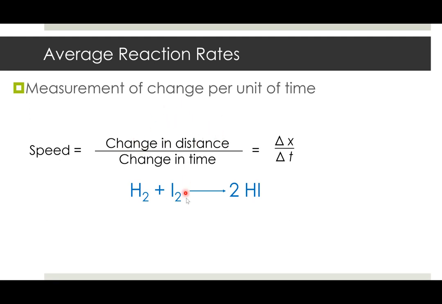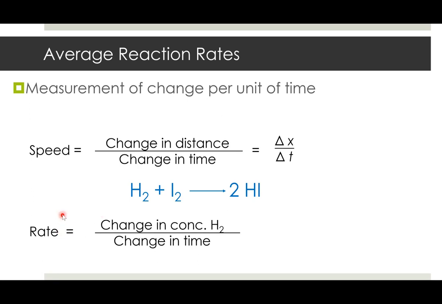So our formula might look something like this. The average reaction rate is going to be the change in concentration of hydrogen. So I just picked hydrogen so we'd have something to look at. So the change in concentration of hydrogen over the change in time.